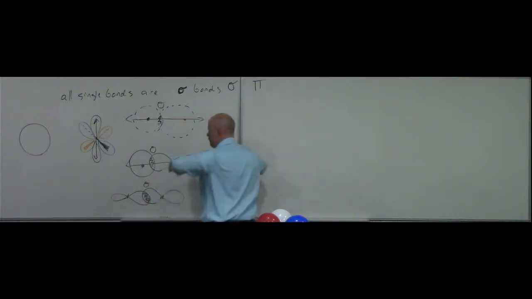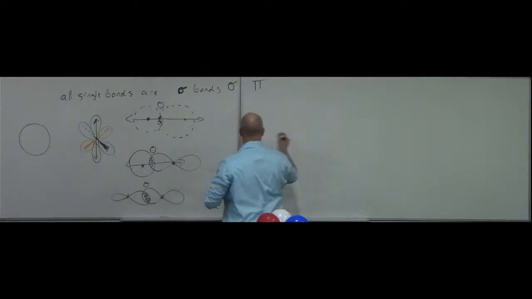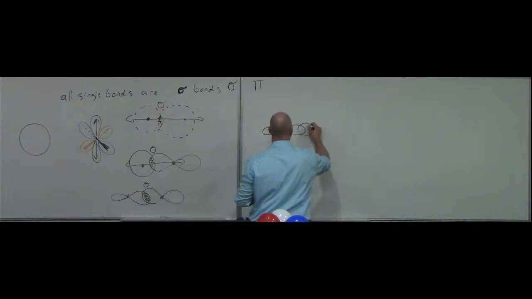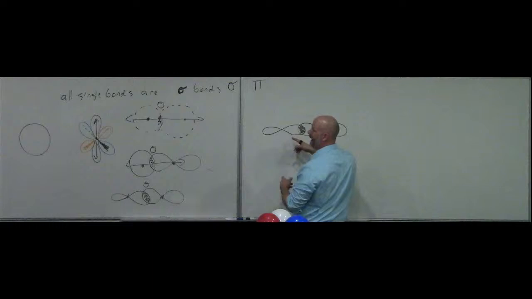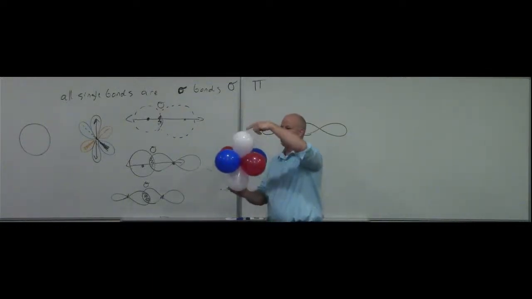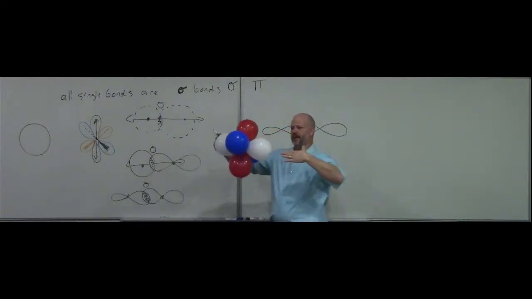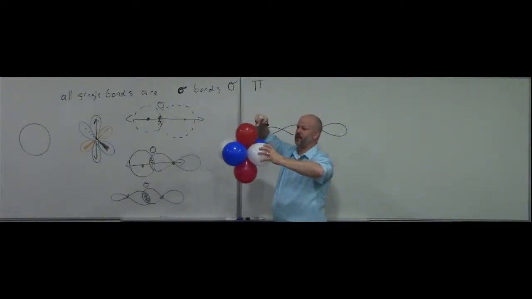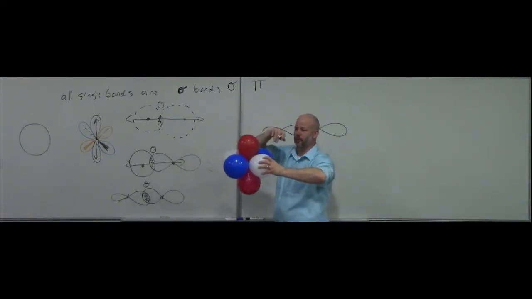Here, I've got two p's that are in the plane here, right? But now, what if I've got a bond here already between two atoms, okay? Well, now I can't put another one in this plane, right? Just look. If I've got this and I got another one of these and they're overlapping right here, that's great. But if they're going to have other bonds, I've got to do it either with these reds or with these blues.